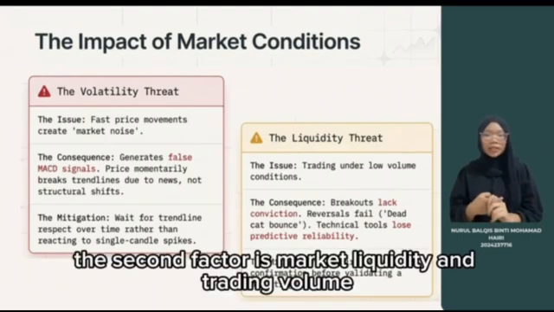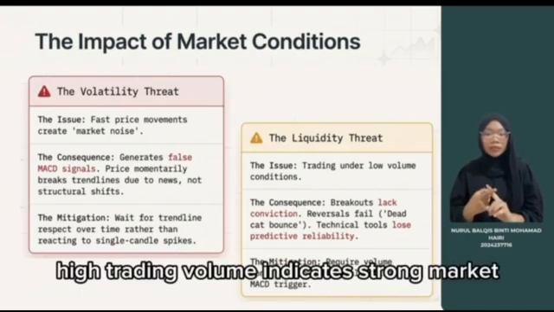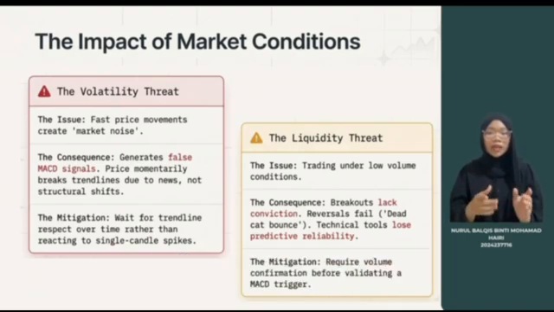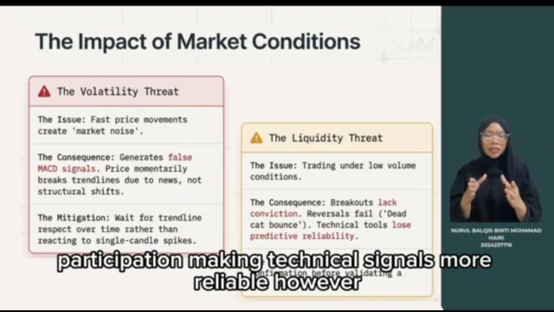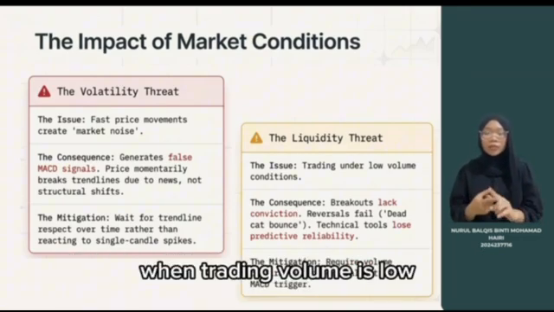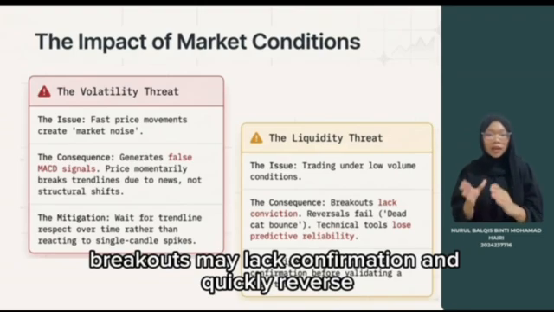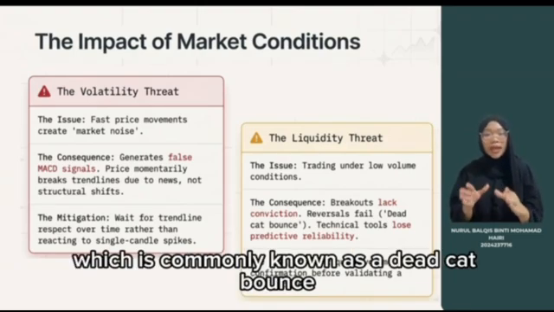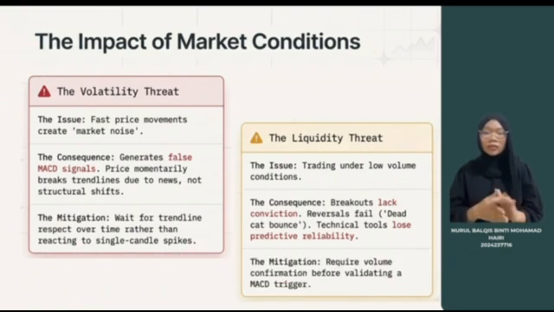The second factor is market liquidity and trading volume. High trading volume indicates strong market participation, making technical signals more reliable. However, when trading volume is low, breakouts may lack conviction and quickly reverse, which is commonly known as a dead cat bounce.